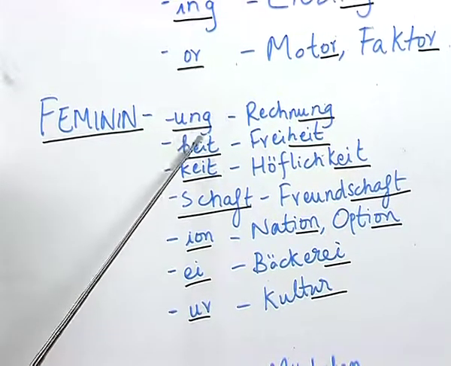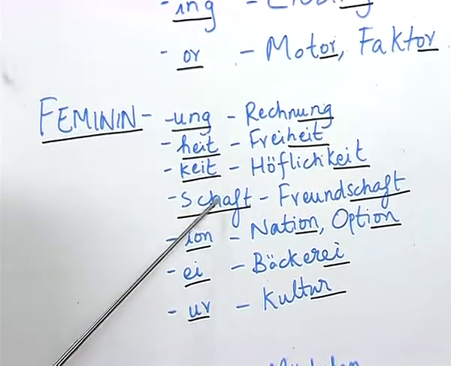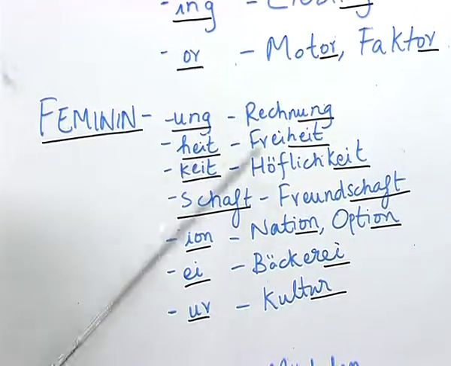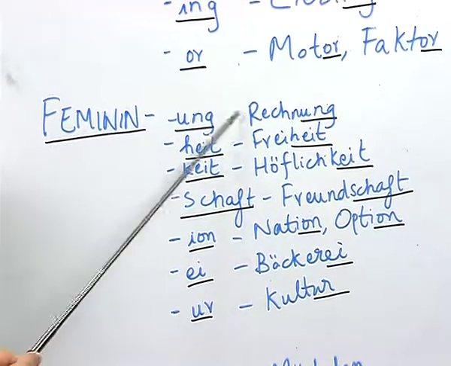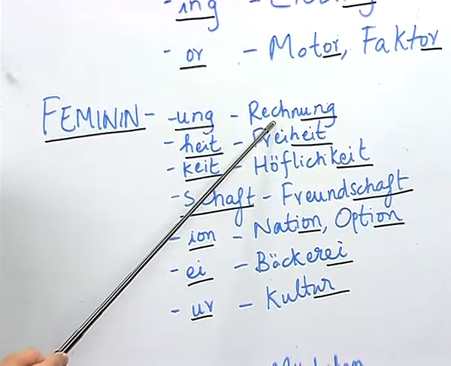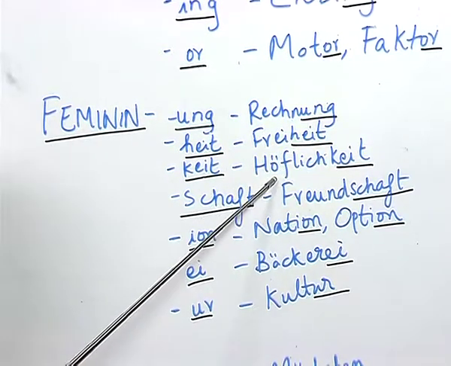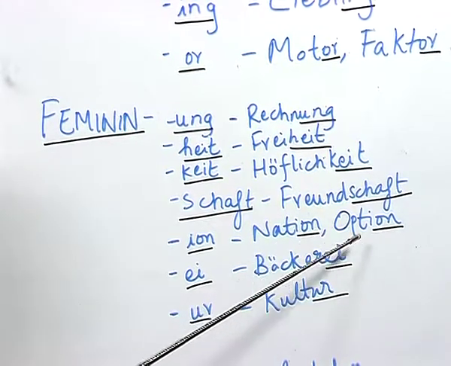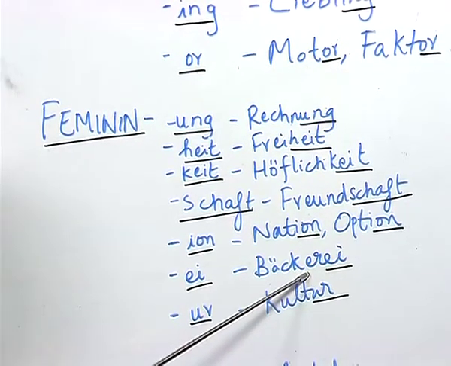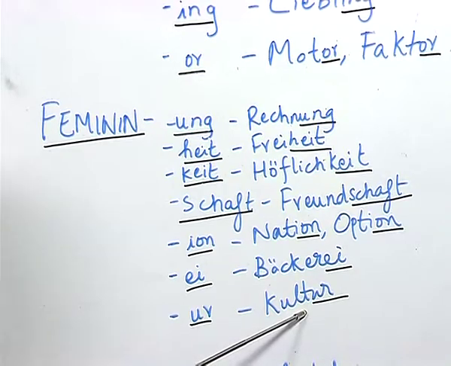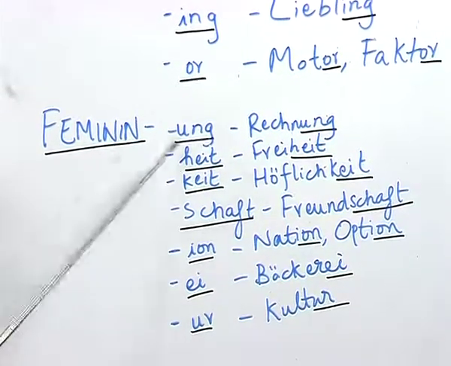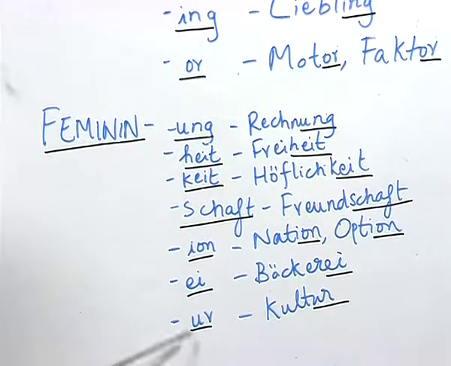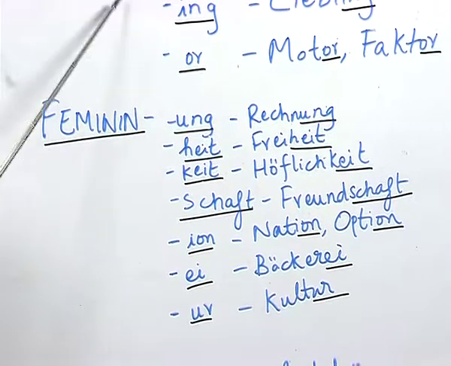All the nouns which end with these endings fall under the feminine category. So, the article for these nouns would be die Rechnung, die Freiheit, die Höflichkeit, die Freundschaft, die Nation, die Option, die Bäckerei, die Kultur.